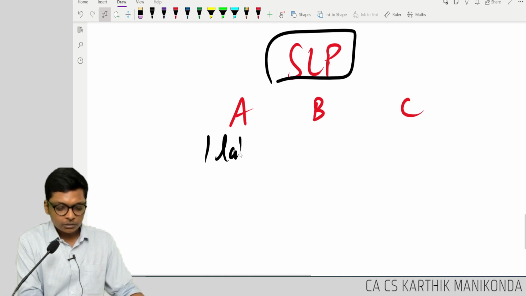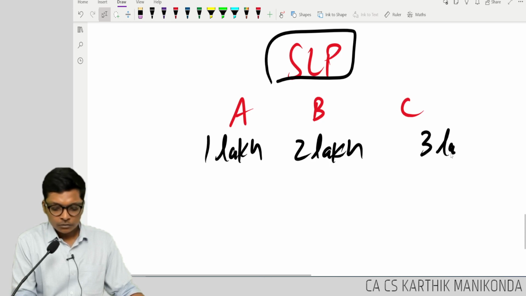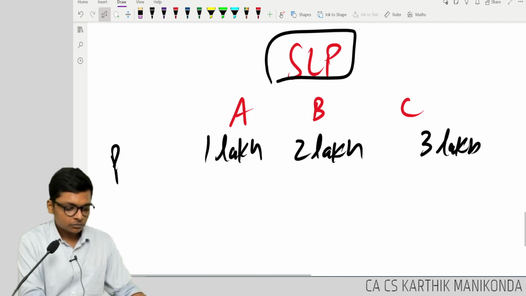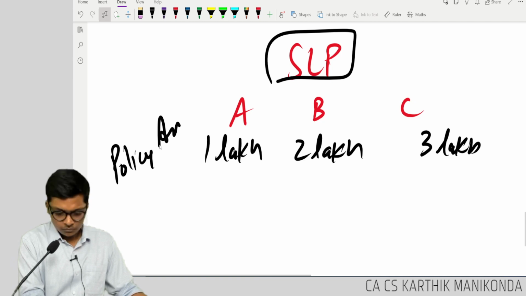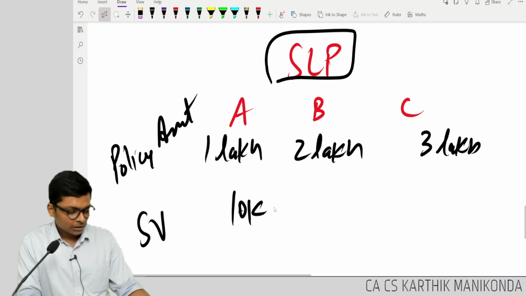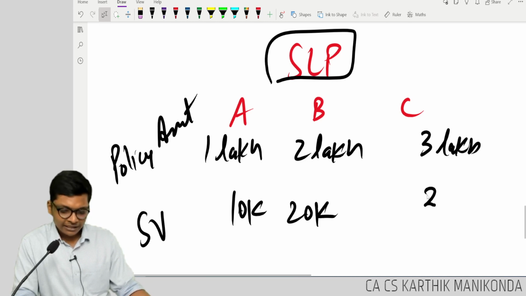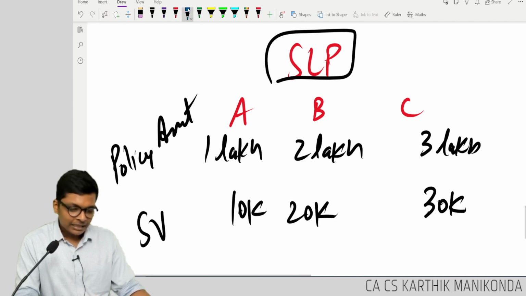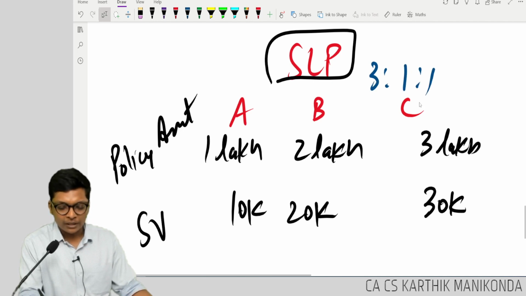So here there is 1 lakh, 2 lakhs and 3 lakhs as the policy amount, and the surrender values given are 10,000, 20,000 and 30,000, and the profit sharing ratio they gave is 3:1:1.